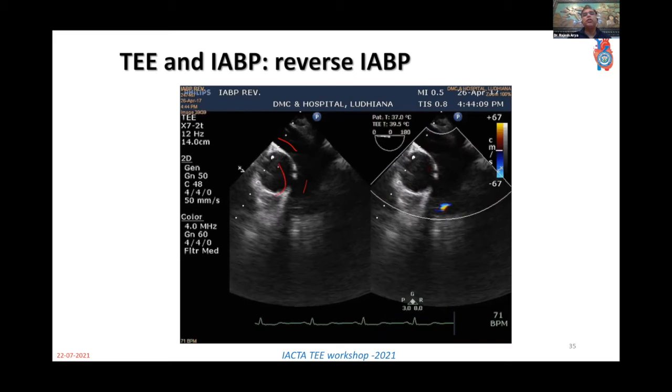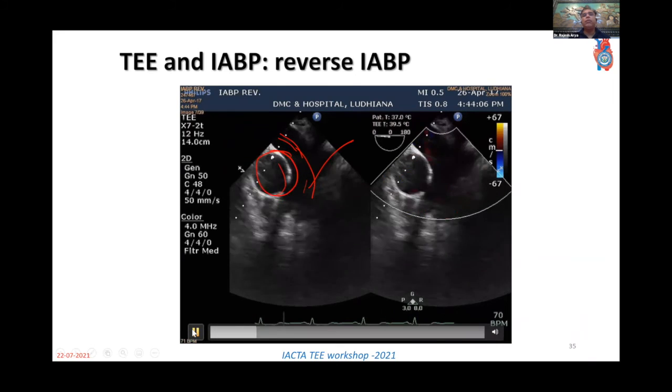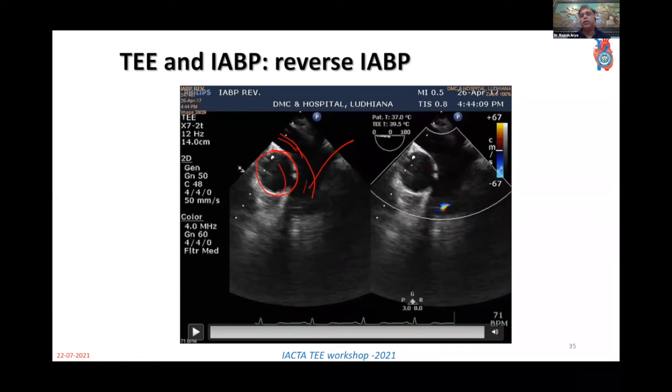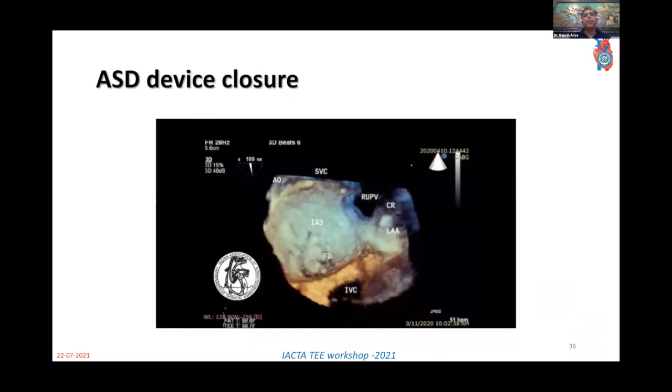This is pulmonary artery, and this is aortic short axis view, and if you see, you will find an IBP cannula in the arch of aorta. So we have put the IBP from the axillary artery to the arch of aorta because the patient required it because of coronary reasons, but the descending aorta was blocked.